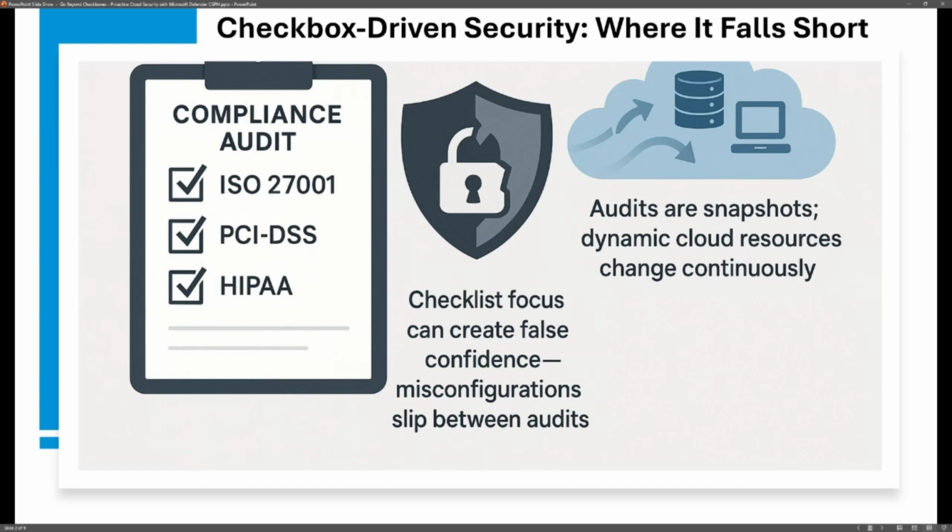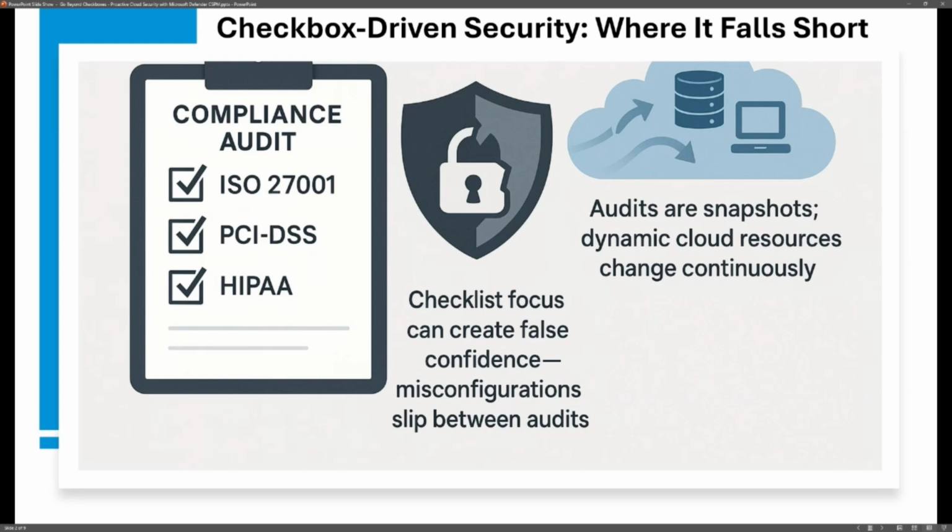On paper, they look fantastic. Yet, many of those same teams still suffer breaches or near misses. Why so? It's because compliance was treated as the destination instead of the starting line.